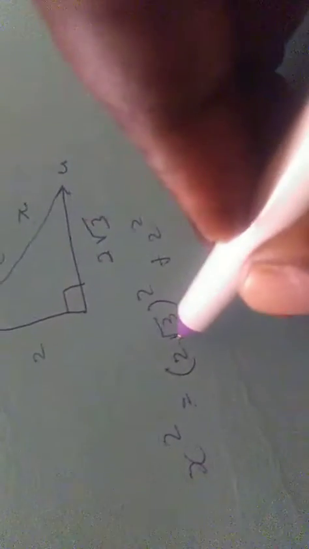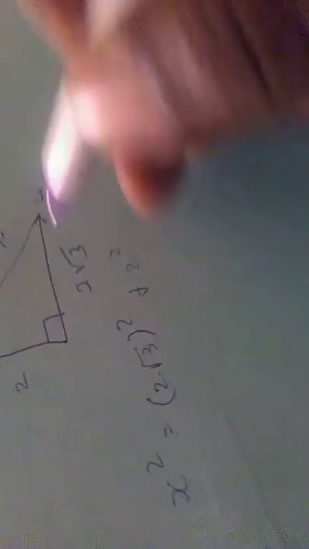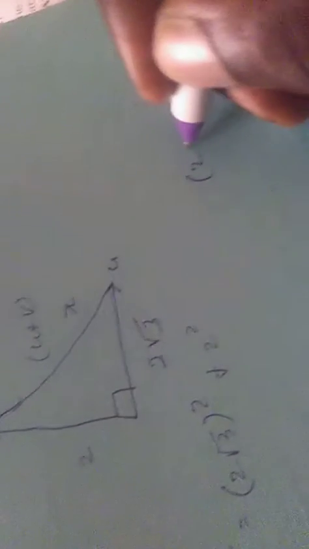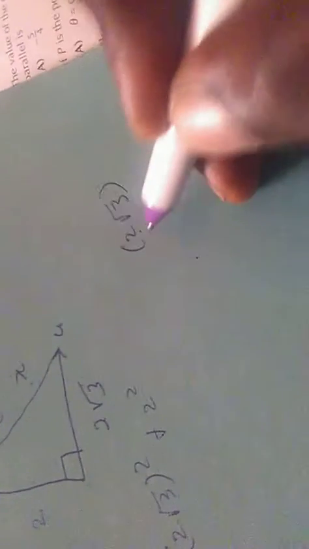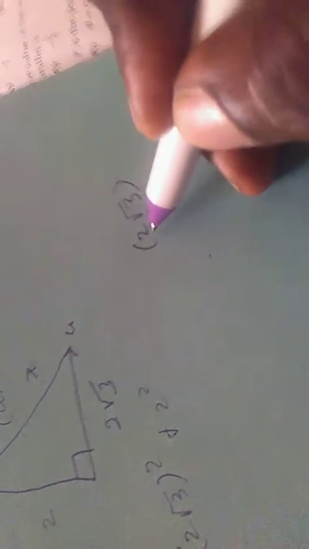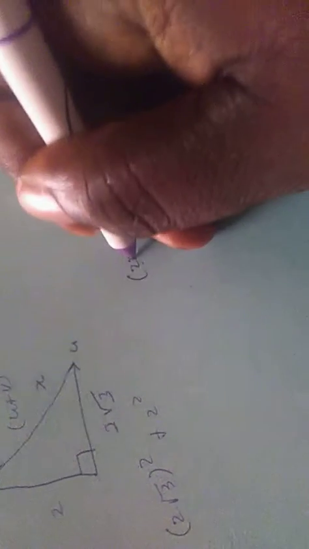Now if I extract 2 root 3, for example, let us say I don't know what that is, I can extract it. I could change this 2 to a root by identifying what number, when I find the square root of it, I get 2. And I know that if I find the square root of 4, I get 2. And remember that 2 root 3 is 2 multiplied by root 3.